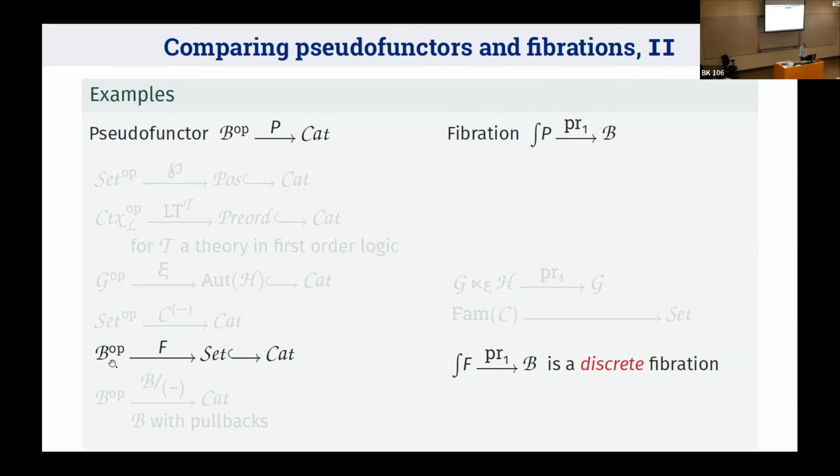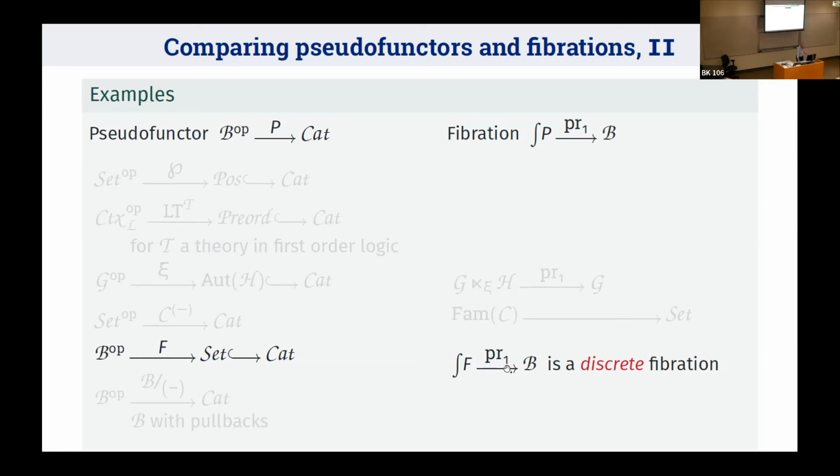A pre-sheaf looked at as a pseudo-functor is just what is called a discrete fibration. I stop here for a second. Toposes: start with Grothendieck toposes, start with toposes of pre-sheaves, and then one moves to subcategories which are usually toposes of sheaves for a certain Grothendieck topology. They can be usefully viewed as fibrations.